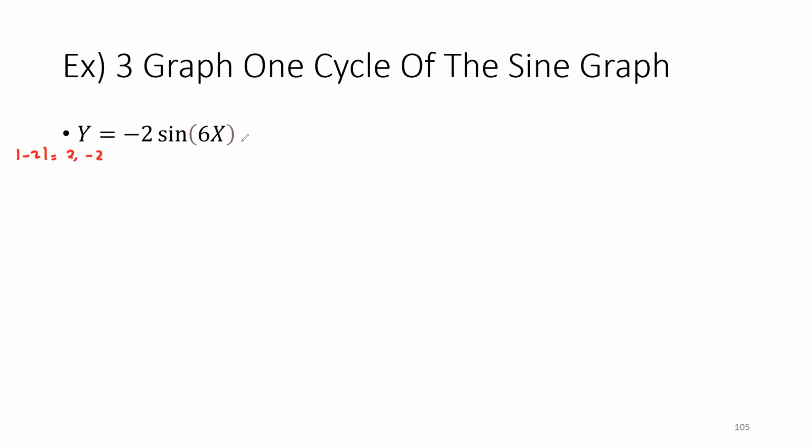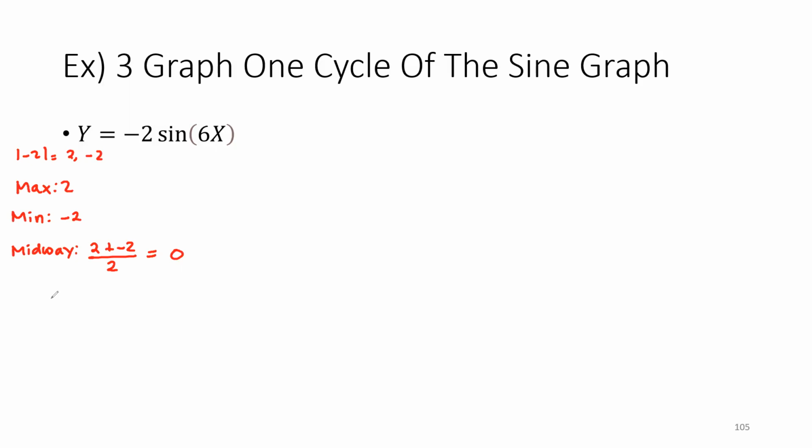And there's no vertical shift, so it doesn't mess with the max and min. So your max is 2. Your min is -2. Your midway is the average, which is 2 plus -2 over 2, which is 0.